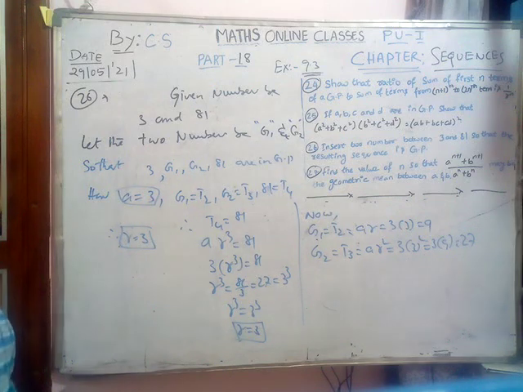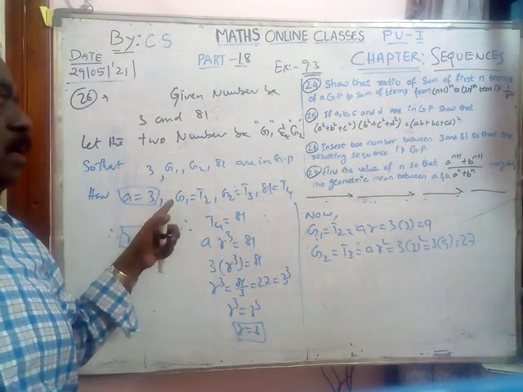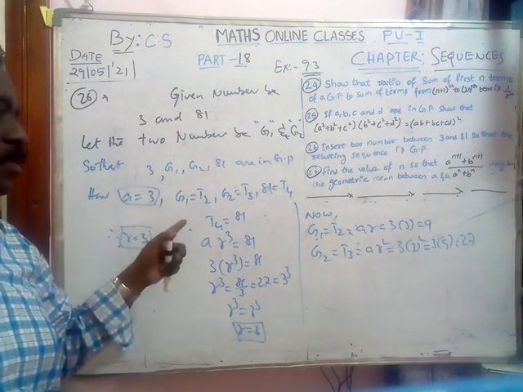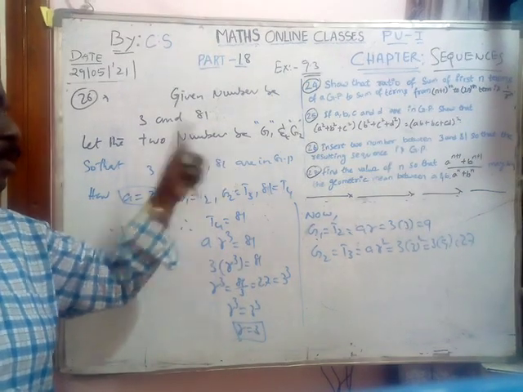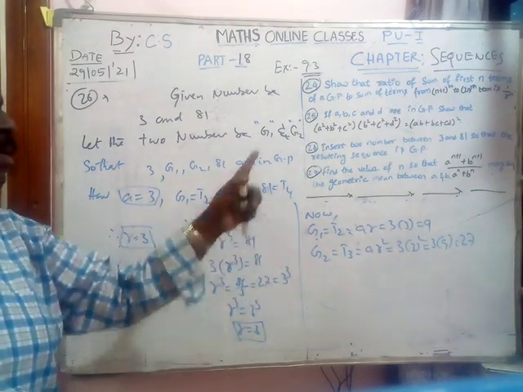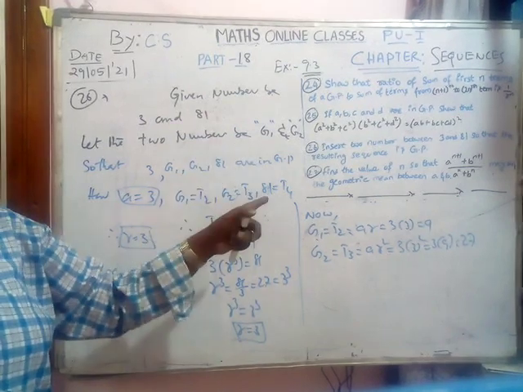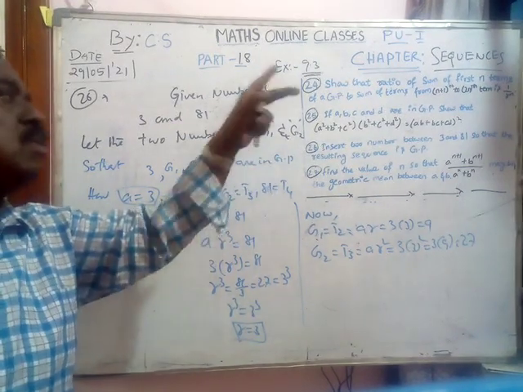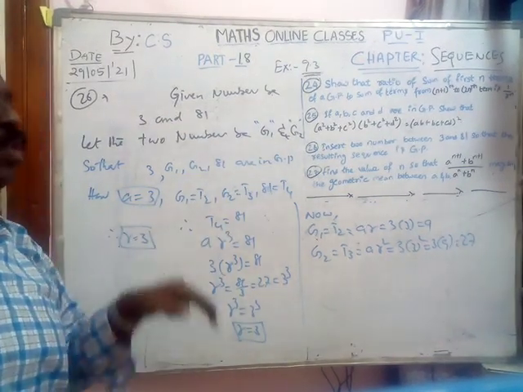Hence, the problem is over. We have to find those two numbers, one is G1, another is G2. Here G1 is 9, G2 is 27. The question is given like that: insert two numbers, that means you find those two numbers.